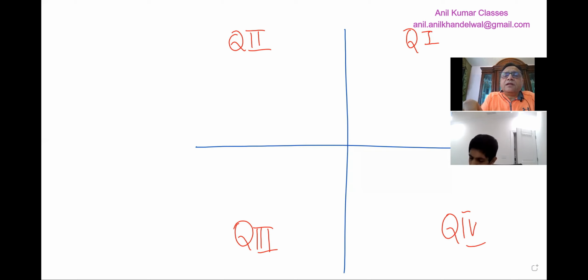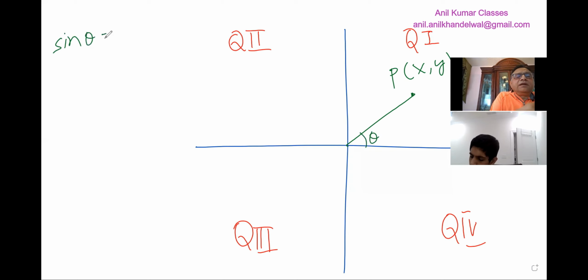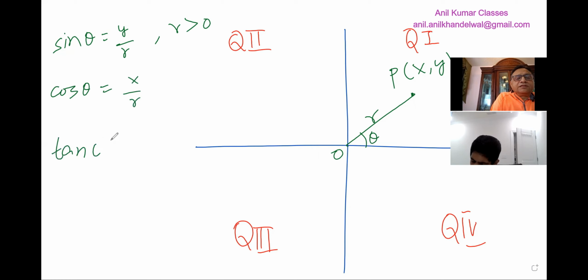I know one thing, that any point P with general value of x and y tells me that sine of this angle theta, if this distance is r away from the origin, is y over r. And we know r is always greater than 0. Cos theta is x over r, and tan theta is equal to y over x.